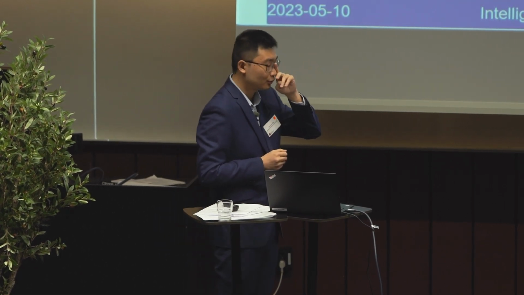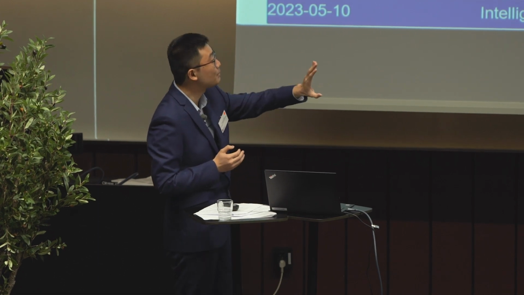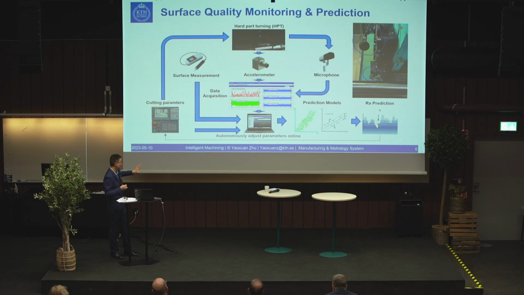It exactly predicts the surface roughness value, but it can also be fed back as input to the machine again. Based on the predicted surface roughness value, the machine can make an intelligent decision, which means that based on the current or predicted surface roughness feedback, it tries to adjust the cutting parameters in order to keep the surface roughness generated in the next moment at the same quality level, or within the satisfactory range.